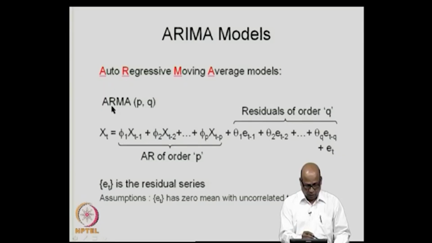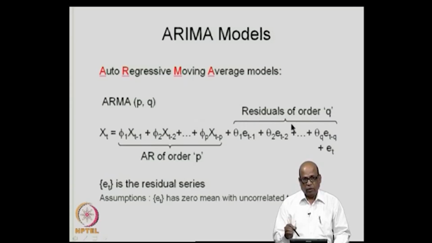So, a general ARIMA p q model is written as x t is equal to phi 1 x t minus 1 plus phi 2 x t minus 2 etcetera. There are p terms, so phi p x t minus p, plus there are q number of moving average terms.